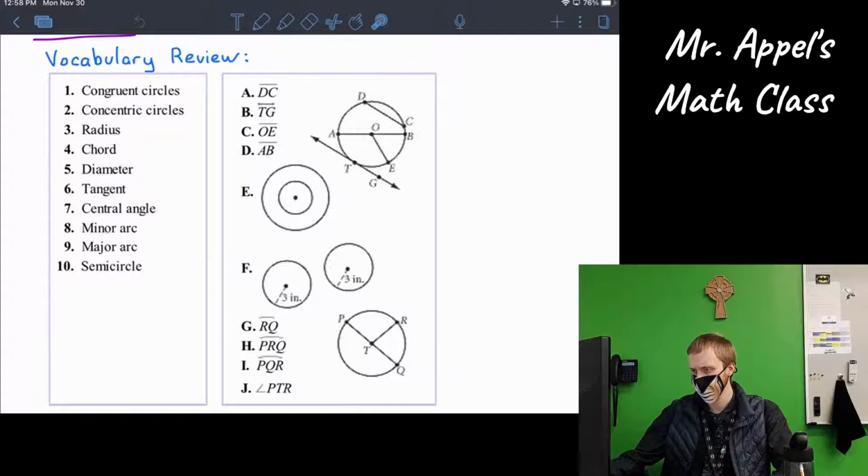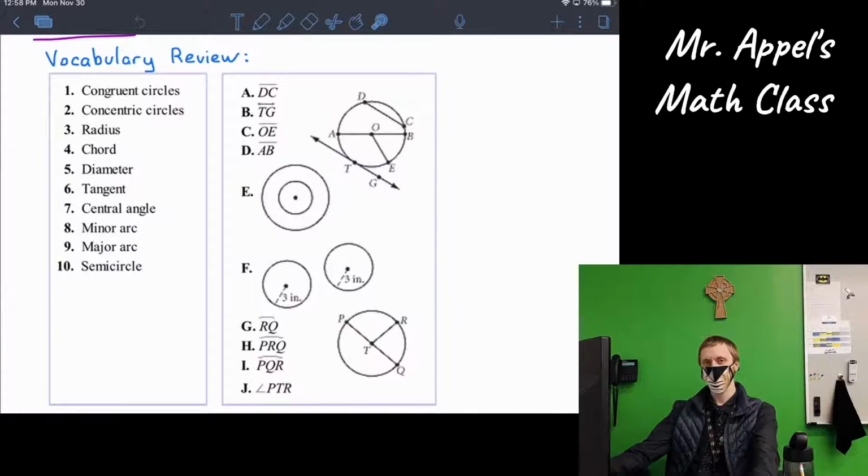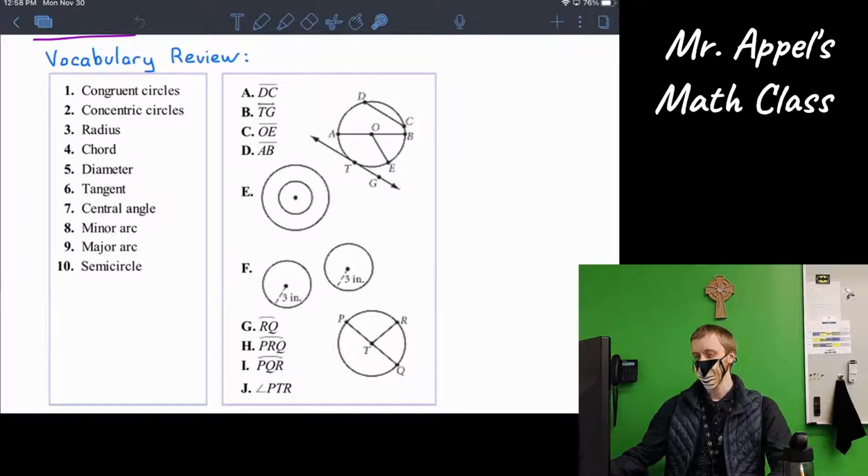Christian, we are matching up number 1 on my screen. Can you find which lettered item here represents congruent circles? Tell me in the chat. Three of 8. I need 5 more answers.